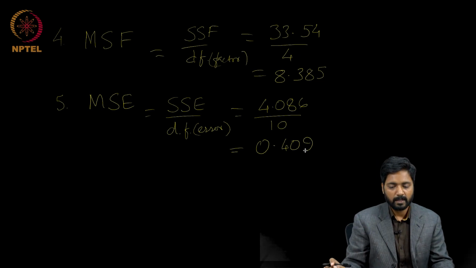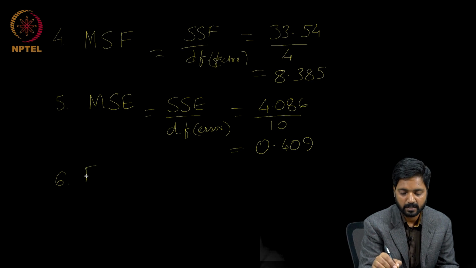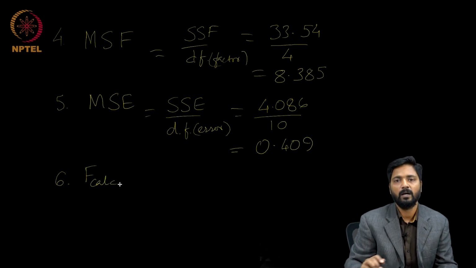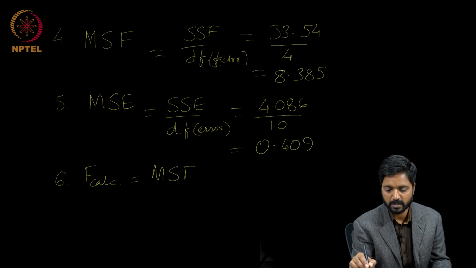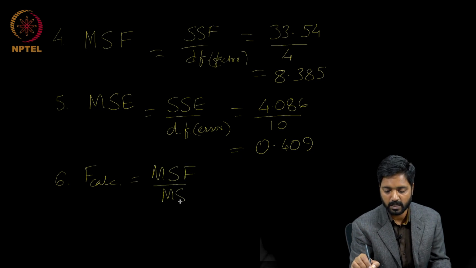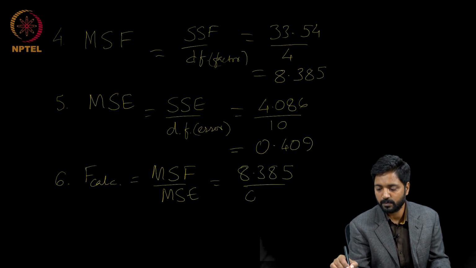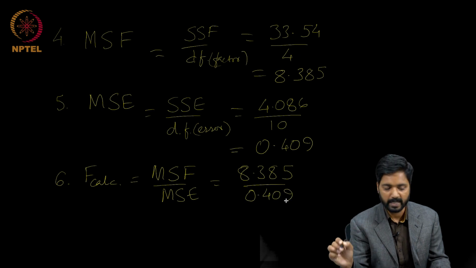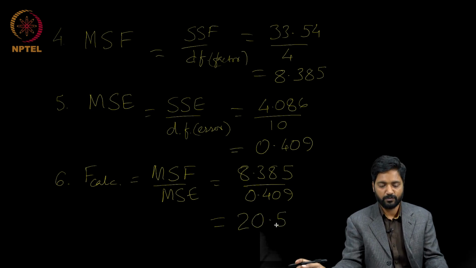0.409. Now from these we will finally calculate the F value, which is nothing but MSF by MSE, is equal to 8.385 divided by 0.409, and this turns out to be a large number, 20.5.